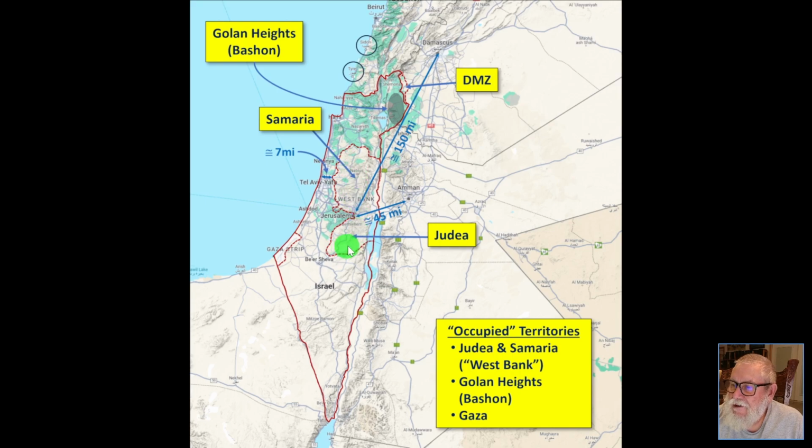This area here that's marked as Samaria and Judea is known as the West Bank, and then this area down here is known as the Gaza Strip.